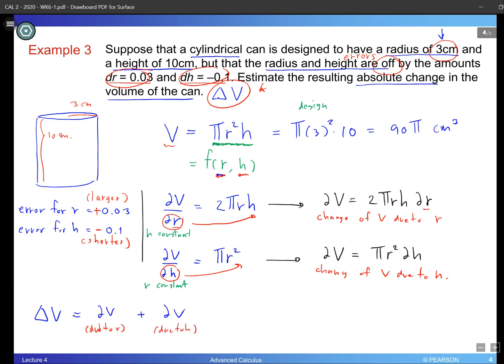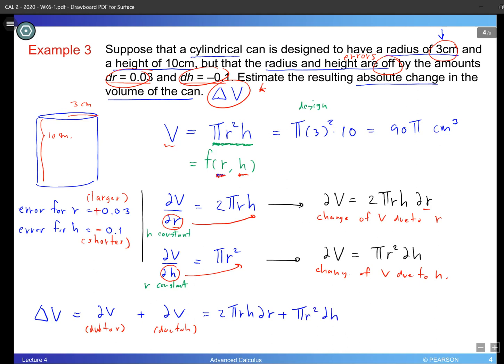So we can combine these two delta v into this one equation. So we have 2 pi rh dr plus pi r squared dh.